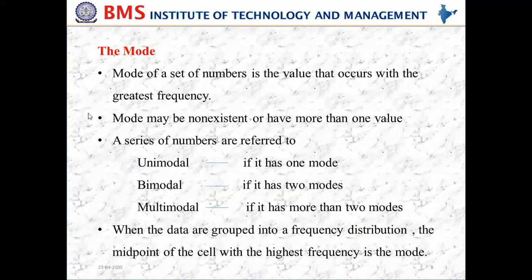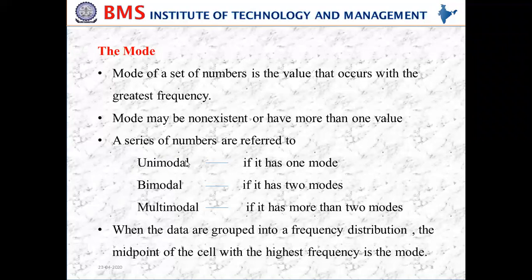Now the mode may be non-existent, means sometimes in a set of observations the mode may not exist, or it may have more than one value. See, a series of numbers which has only one mode is called a unimodal set of data.